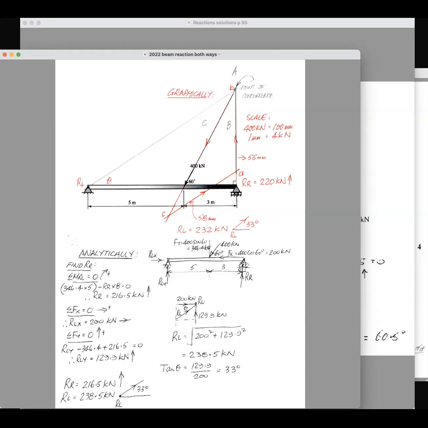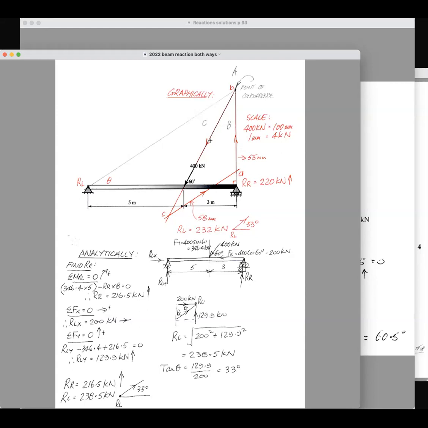Now, the next thing that I do is I use Bow's notation. So I've got A around there, you read it clockwise, B in there and C in there. And you organize a scale, and this is a convenience scale, 400 equals 100 millimeters. Just make sure that it will fit on the page.